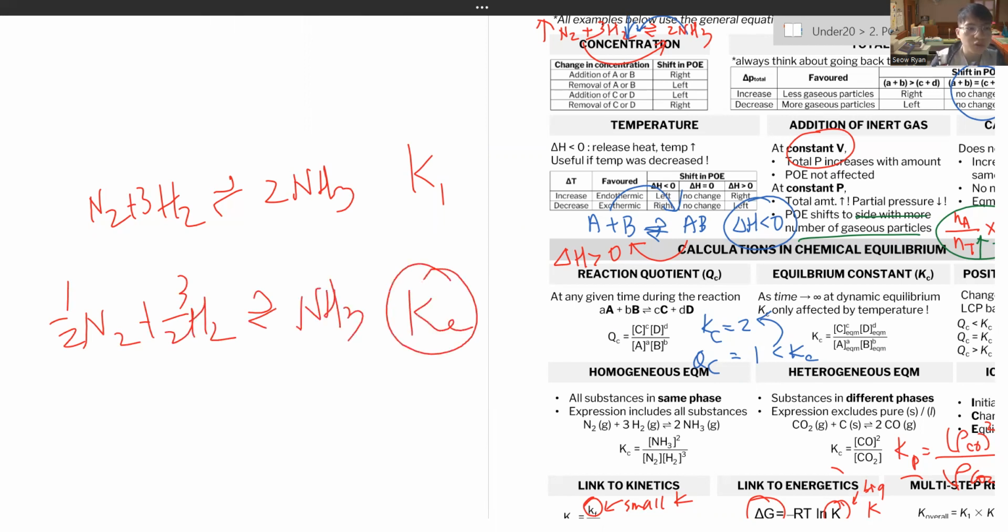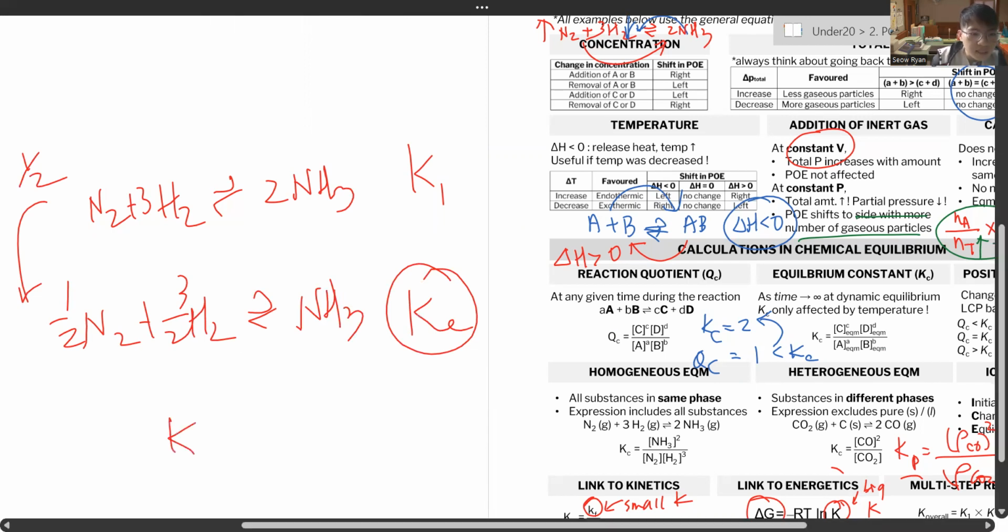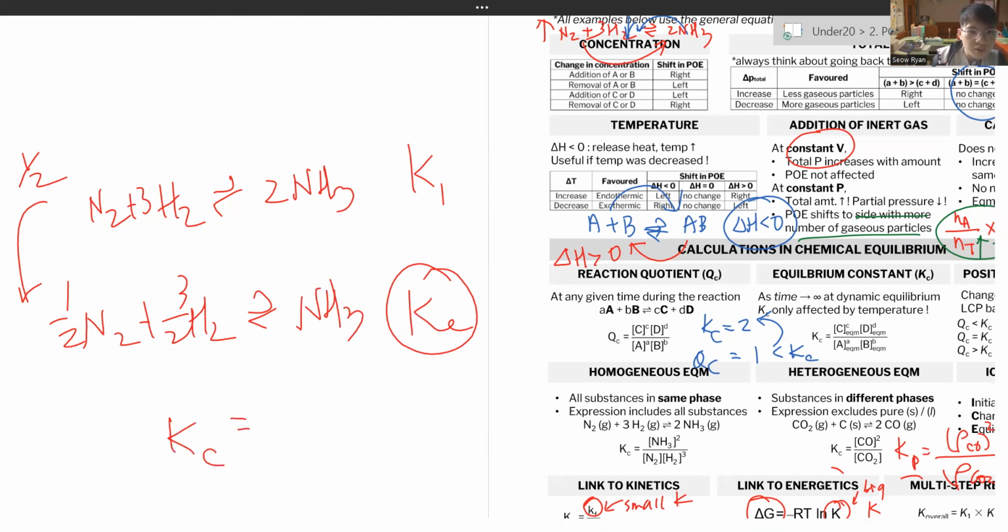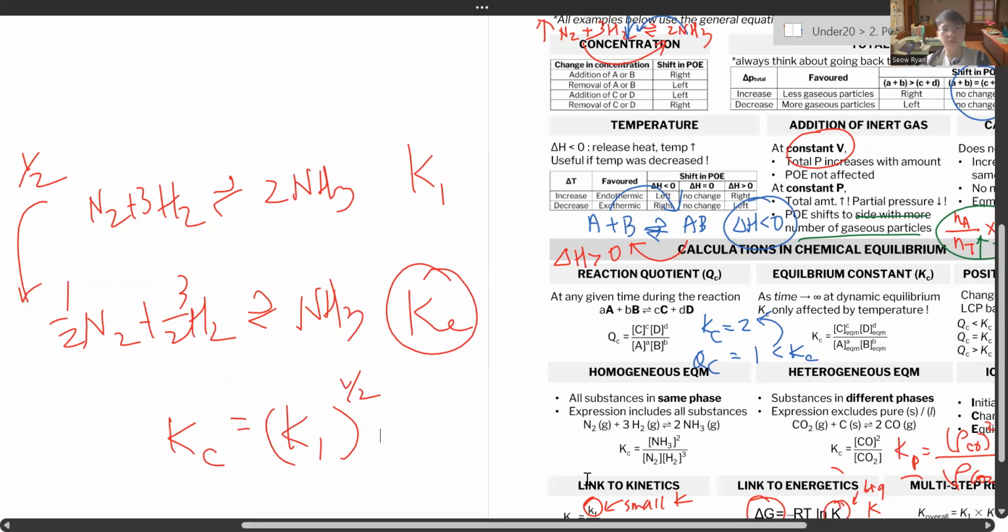Notice that this is multiplied by half, or divided by 2, right? So the Kc of this reaction is equal to K1 to the power of half. So you always put it to the power of the multiple, okay?